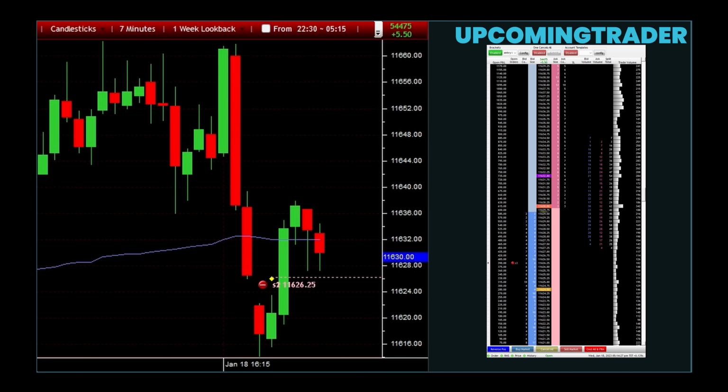It looks like a peak or mountain in the volume profile. When price revisits these high volume zones, they tend to act as support or resistance, depending on the direction of price movement.